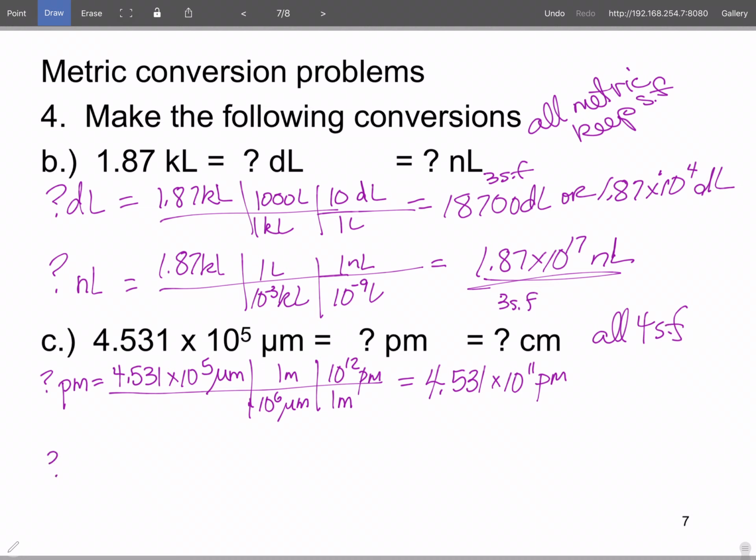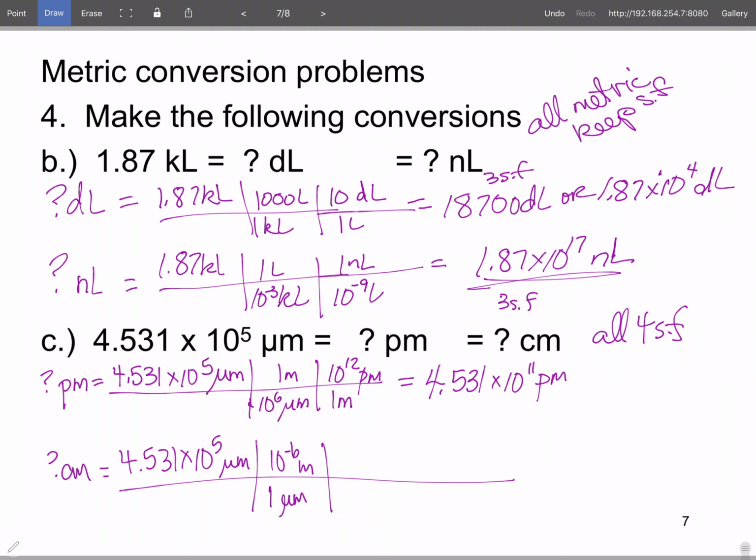All right, for the centimeters, again, 4.531 times 10 to the 5th micrometers. And if you'll notice, each time I'm doing this, I'm changing it up. 1 micrometer is 10 to the minus 6 meters. And 1 meter, where am I going? Oh, to centimeters. See, I keep forgetting. 1 meter is 100 centimeters.